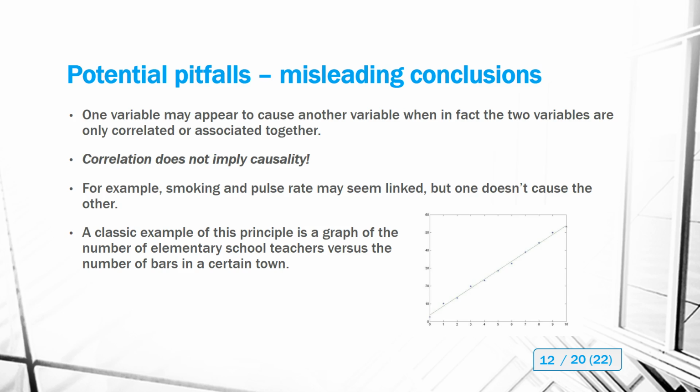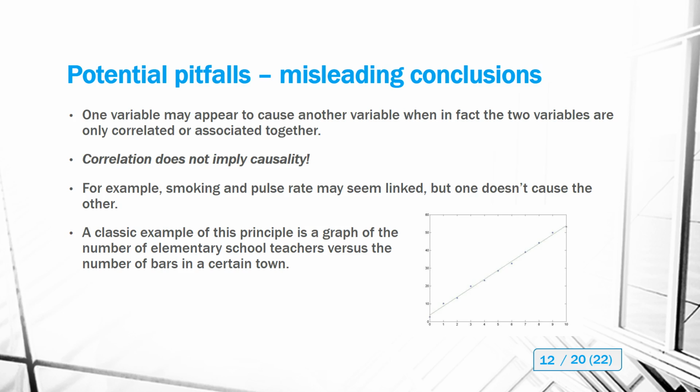In other words, just because two variables are highly correlated, it doesn't mean there's an association or a relationship between the variables. It doesn't mean that one variable causes the other. Okay? For example, let's say we did a study of people who smoked, and we're looking at the relationship between smoking and pulse rate. Well, if you get a high correlation value between those two variables, you might erroneously conclude that one of them causes the other.